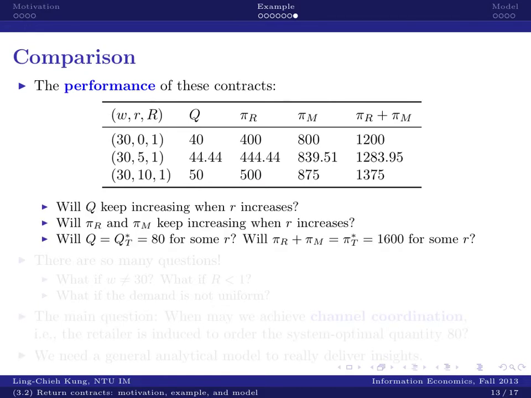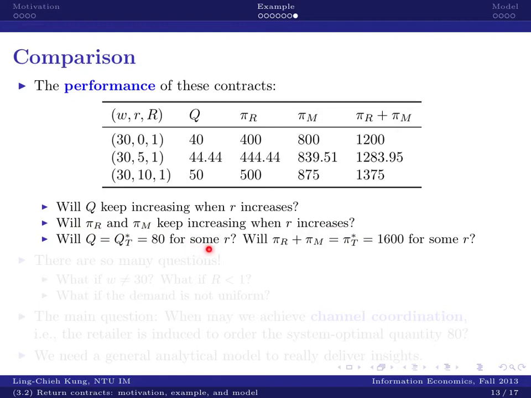For example, when we keep increasing r, will Q keep increasing? When we increase r further, will we always make these two firms happier? Will a more generous manufacturer always make them both more profitable? Okay?